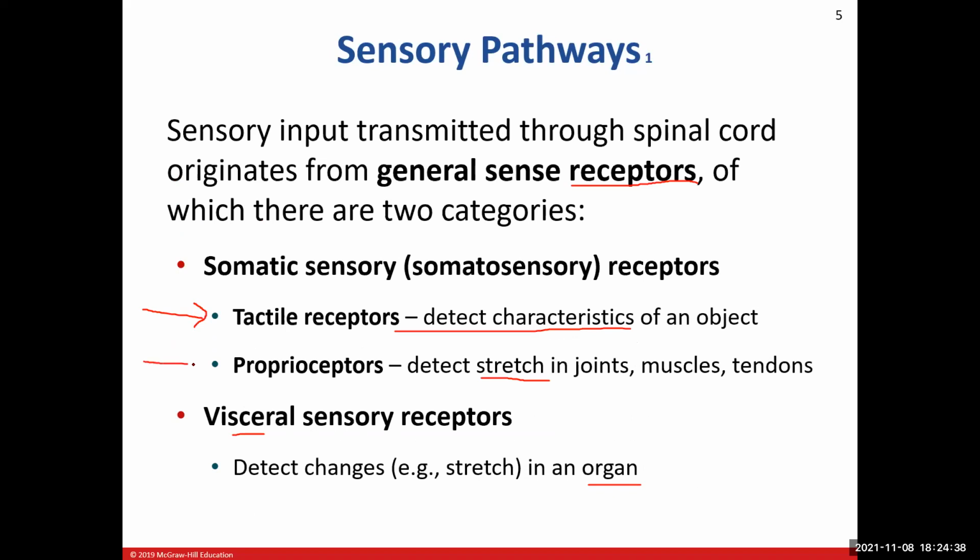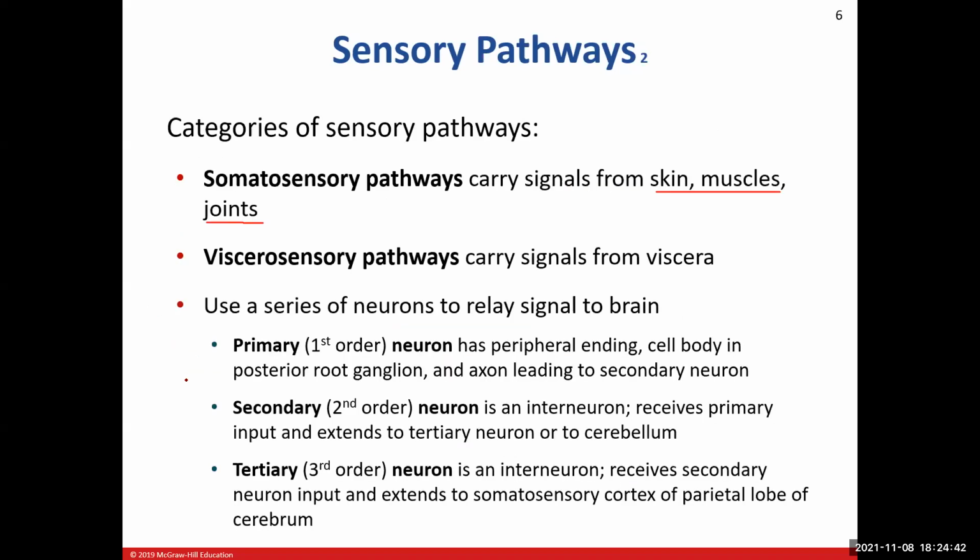And then we have our proprioceptors, primarily in the joints and the muscles of those joints. The other type, the visceral sensory pathways, are going to carry sensory input from the viscera. You're going to learn more about these pathways in Bio 211.